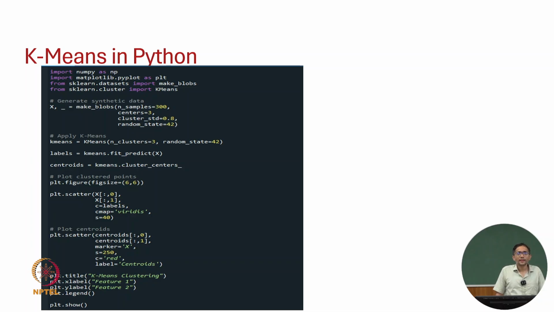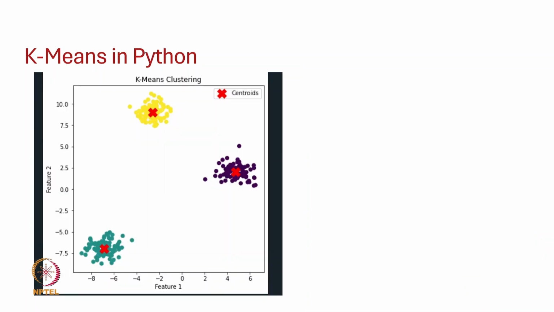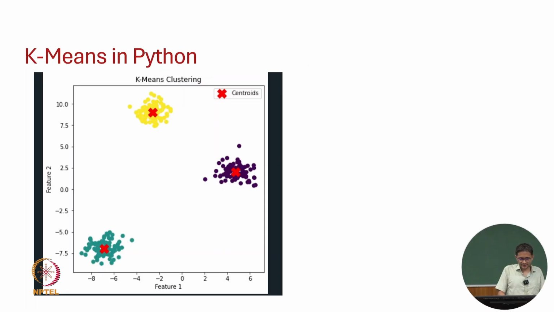Eventually, when you plot this data, we see these 3 different classes nicely, and each of the centroids is represented by the cross marks.